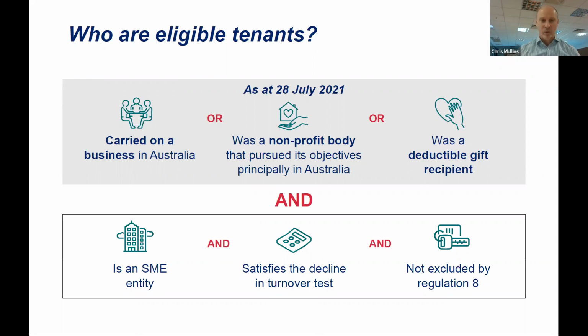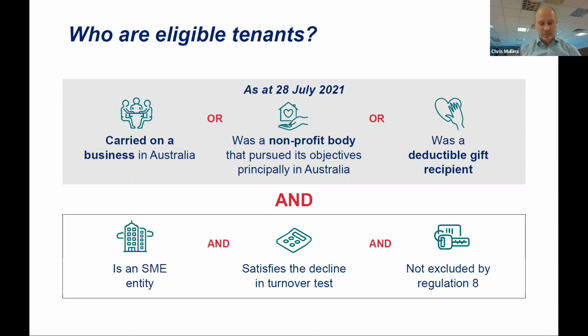If the business has traded for all of the FY21 financial year, you need to look at the group turnover of the group for FY21, and if that's less than $50 million, then you are an SME. If you didn't trade for all of FY21, then you need to project what the projected turnover of the group will be for FY22.